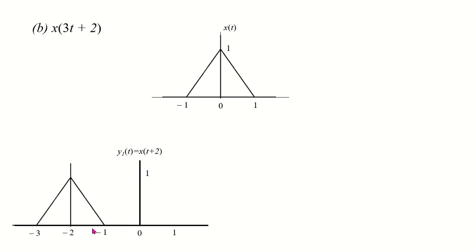Since the factor is greater than 1, here we will have a compression, which means that since the factor 3 is used, this particular point will take a value of -1/3, this will take a value of -2/3, and this point will take a value of -3/3.